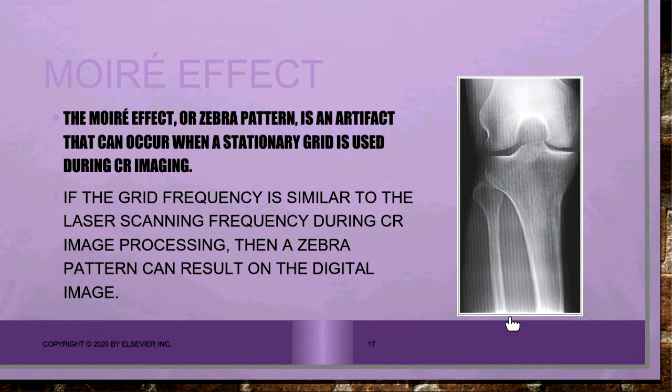Typically what will happen is the grid frequency is similar to the laser scanning frequency when it's being processed, so this zebra pattern results. This is actually quite a common error that we've seen now with our digital imaging, giving you that zebra pattern. And there's really no way to correct that other than to re-expose the patient. So it's kind of a frustrating grid error.